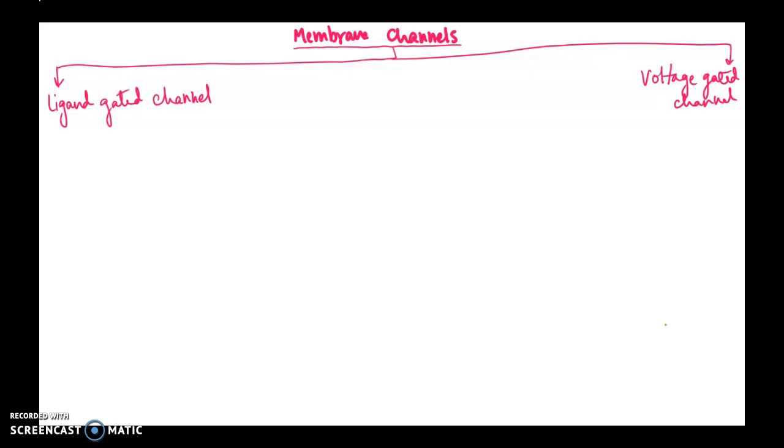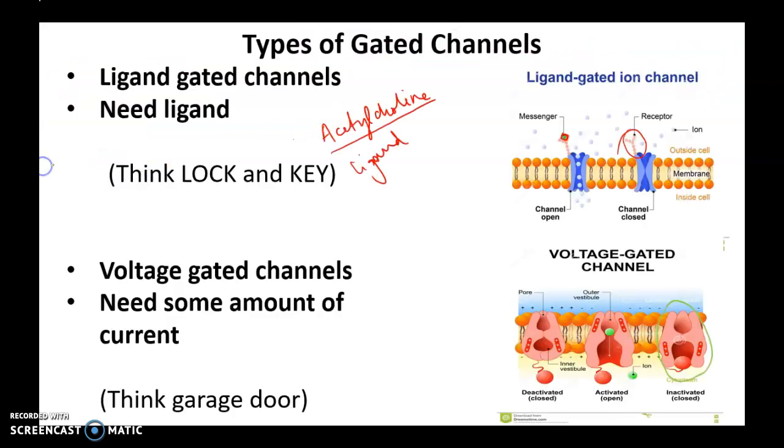Okay, so ligand-gated channels obviously need a ligand, and we will talk about two types of ligand, acetylcholine, and then the other ligand we will talk about are norepinephrine or epinephrine.